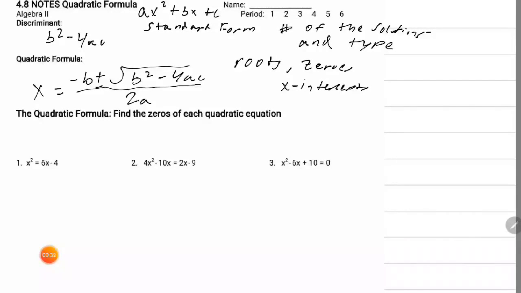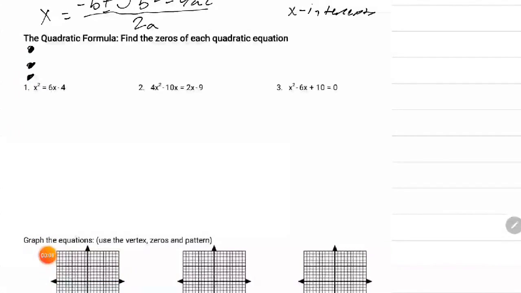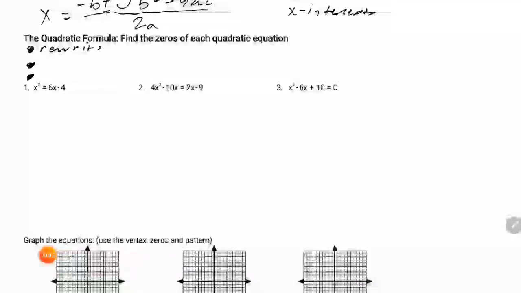So let's try these example problems. The first thing you've got to do when working with these equations is to rewrite them in standard form.